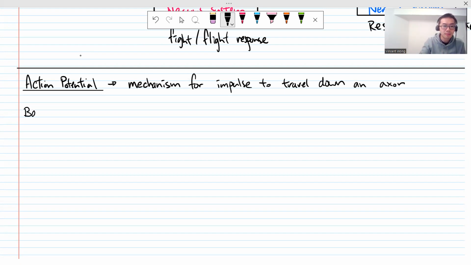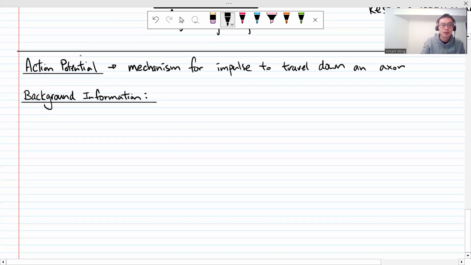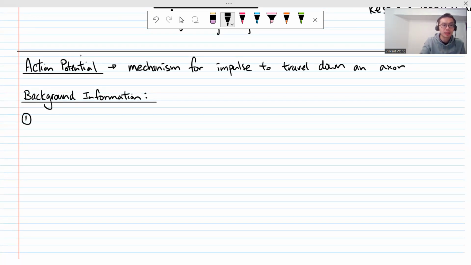So let's start with some background information. Background information number 1: the sodium potassium pump.